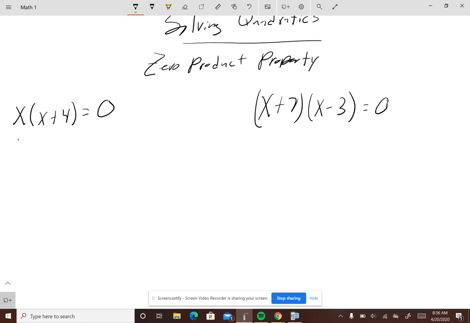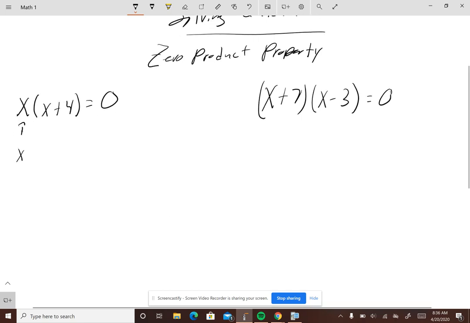So for example, for this one, if x is 0, then we would have 0 times 0 plus 4 equals 0. What is 0 times 4? Just 0. So we know that x equals 0 is the solution because we plugged it in. Well, we had to plug in both, but we made sure that one part of the equation equals 0.